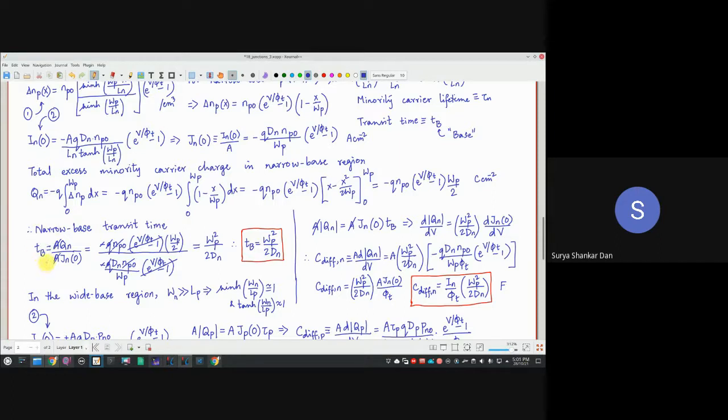Over there, in the BiCMOS technology, we have to find out how much time will be required for the electrons to go from the emitter to the collector. That will determine the maximum operating frequency of your circuit. So the circuit that I briefly mentioned just now is basically a simple pseudo NMOS circuit.